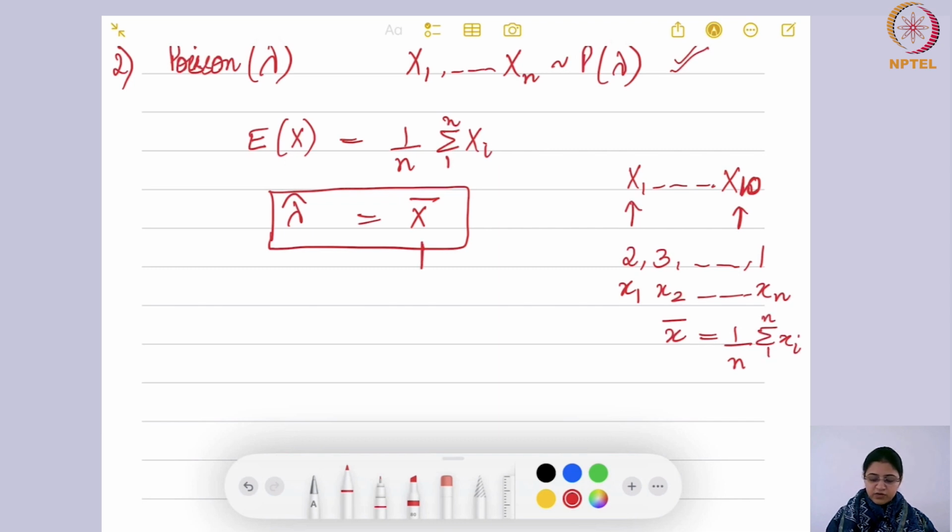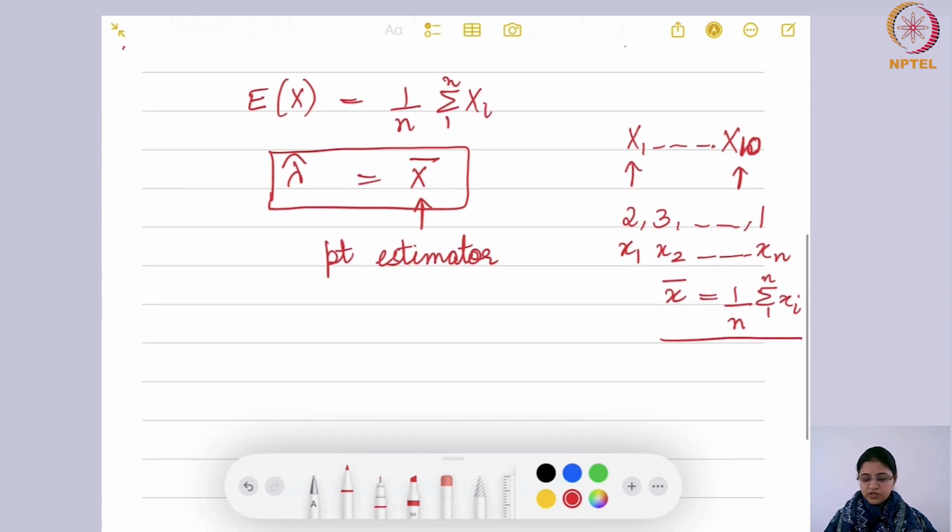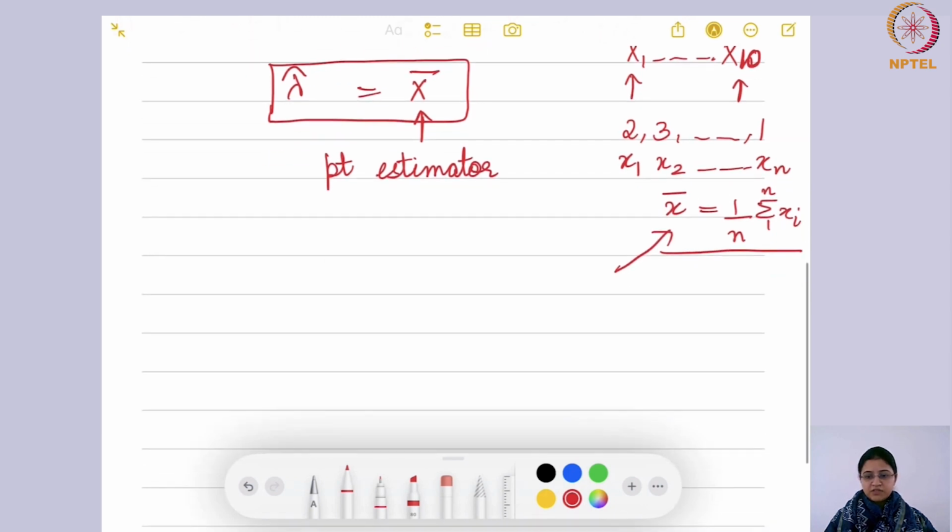So x bar over here is an estimator, a point estimator as I defined earlier. When you substitute these realized values, this small x bar would be your point estimate, because you have substituted the realized values and then found the sample mean.